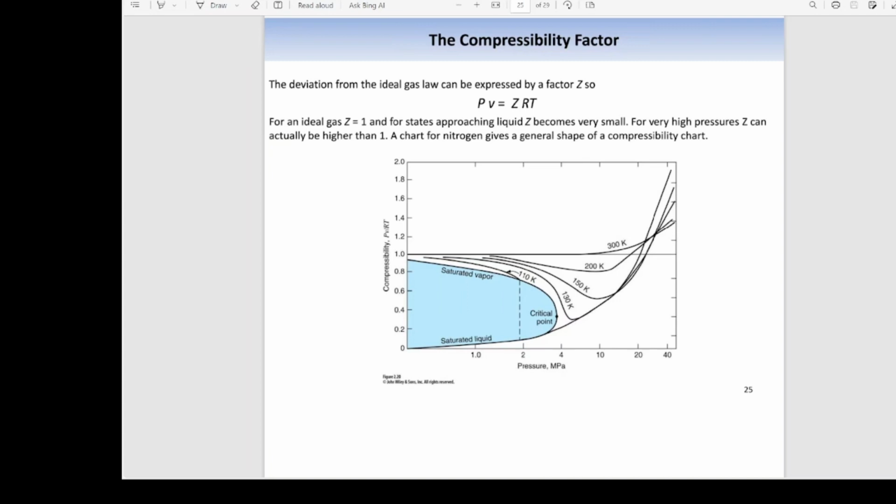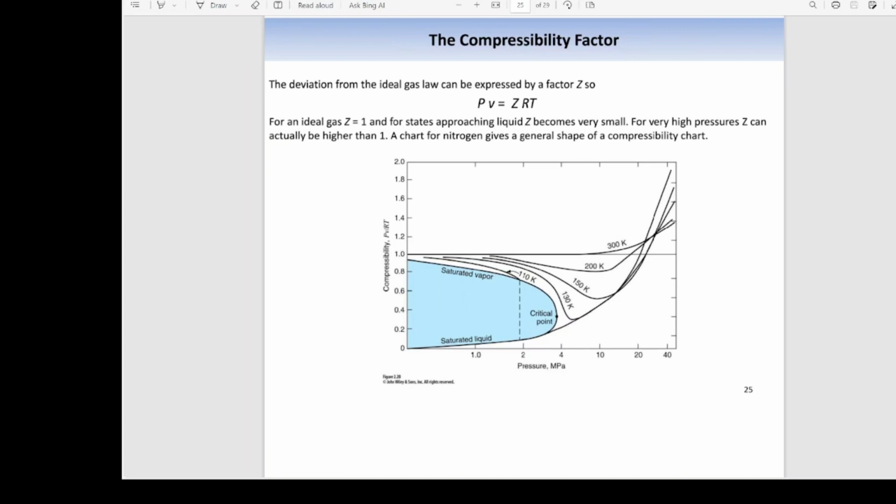Now we'll explore the behavior of nitrogen, compressibility versus pressure. Some observations here: as pressure approaches 0, we see that the compressibility factor approaches 1.